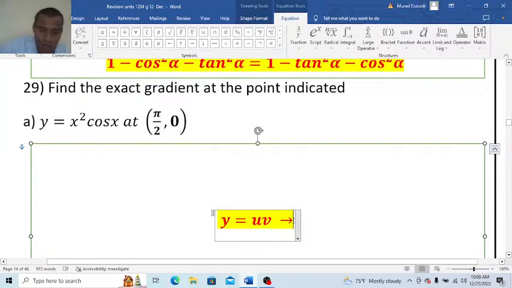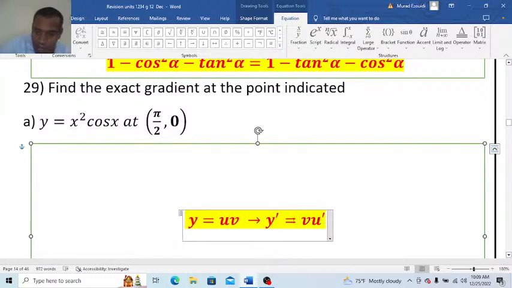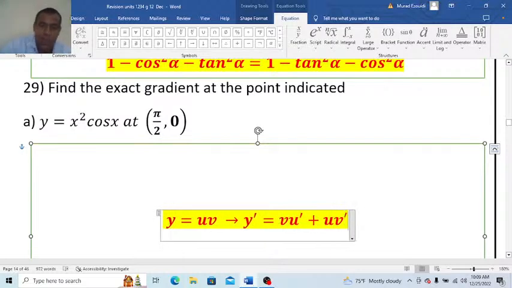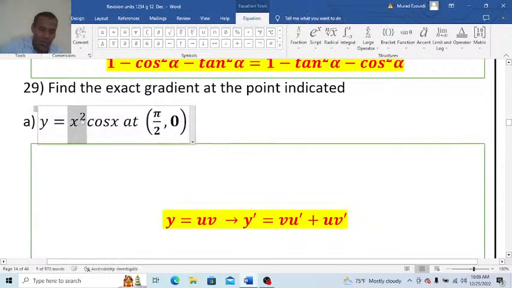So therefore y dash in fact is equal to v multiplied by u dash plus u multiplied by v dash. This is the product rule. It's called the product rule. Therefore, I will let x square be u.